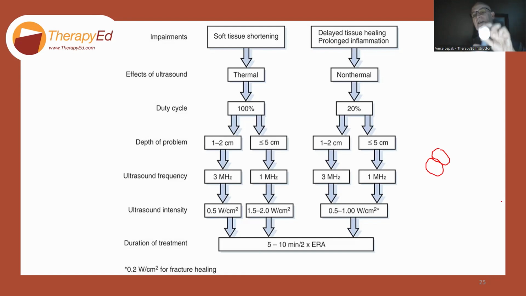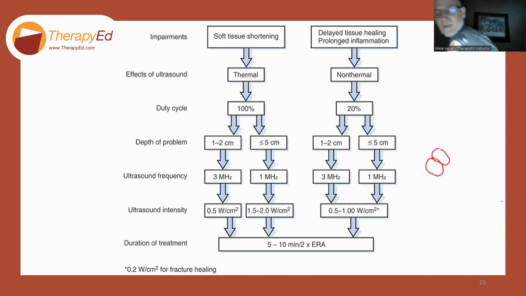So let's say this is 5 squared centimeters. Then you would be able to cover an area twice that size, and it would take 5 to 10 minutes at the intensities to get that area warm sufficiently or to cause the thermal effect. So what that means is you can't do a very big area.